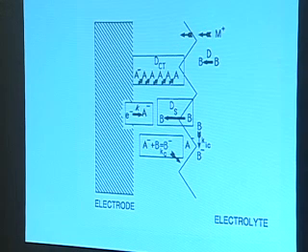Now let me add another complication to this system. So far, all we've had is redox features on the surface. But what if we put a redox molecule out in solution here, a B molecule, and ask how it interacts? Well, one possibility is B would just diffuse out to the surface. That's probably going to happen pretty fast. It's out in the solution, but that could be a limiting process.